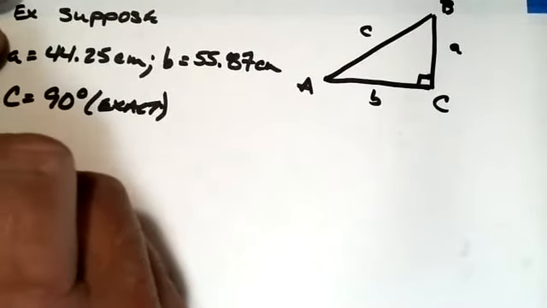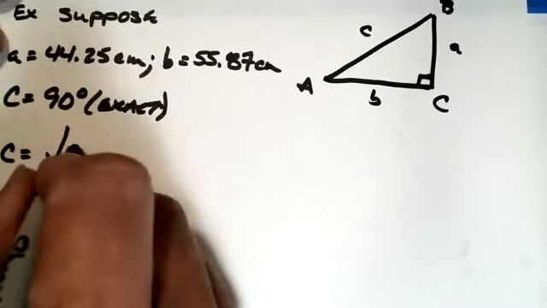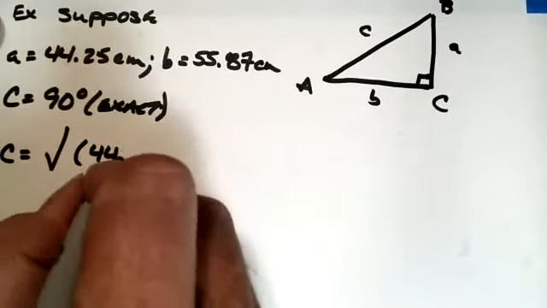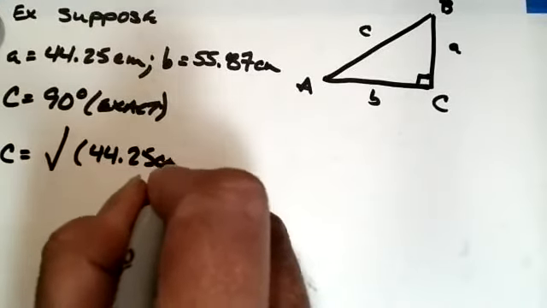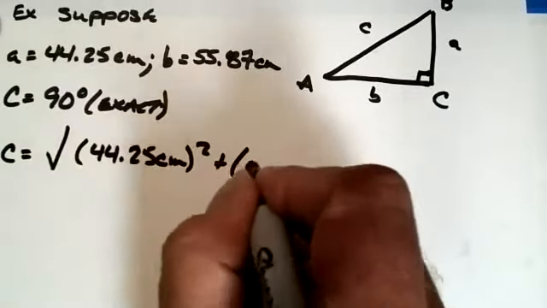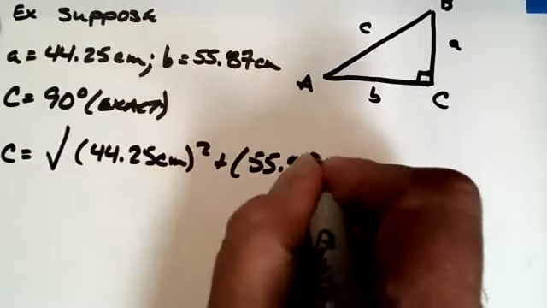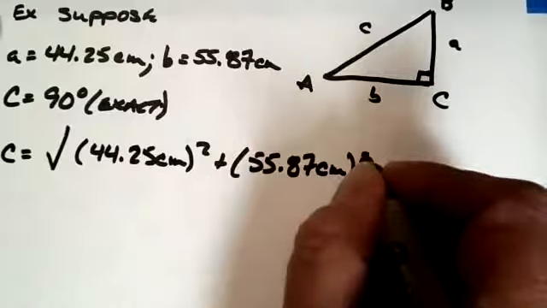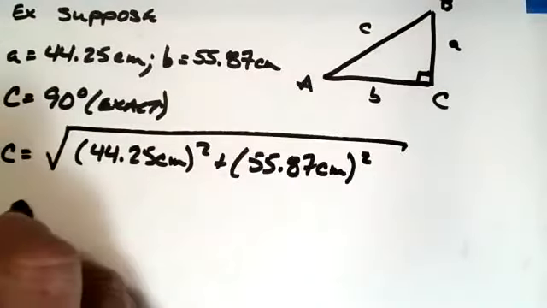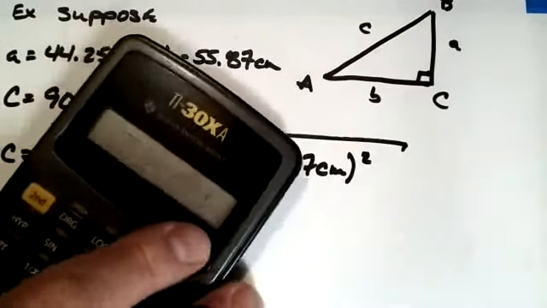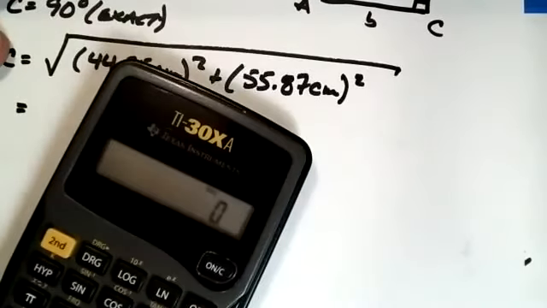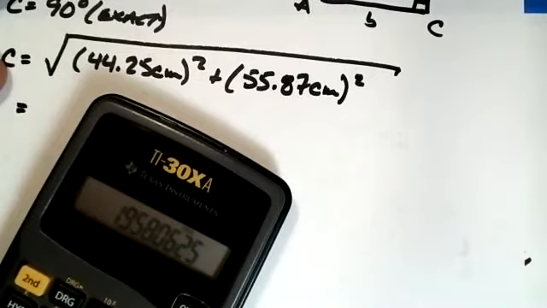So little c is equal to the square root of 44.25 centimeters squared plus 55.87 centimeters squared. Take the square root, and recall that we're going to end up with some bizarre looking number that we will then apply rules of significant digits to.